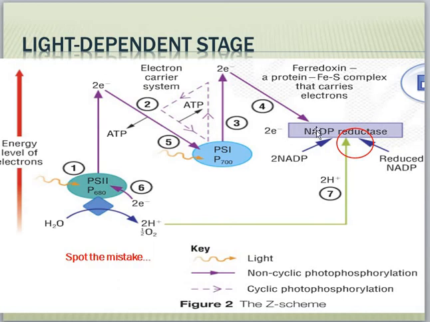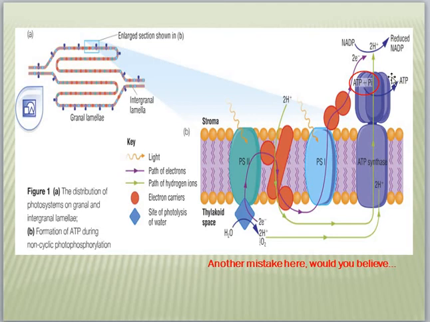Okay, so that bit there of joining the hydrogens with the NADP is happening here with NADP reductase. On this diagram, it is shown here. Okay, so effectively the same thing that we discussed in the other video. Reduced NADP is produced and ATP is produced, which can then go on to the next stage.